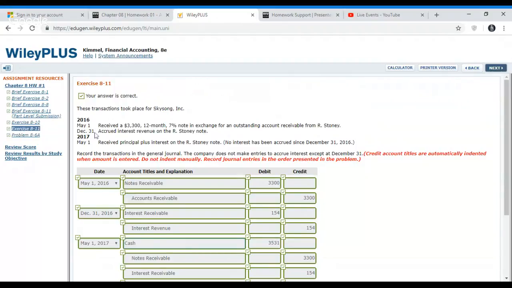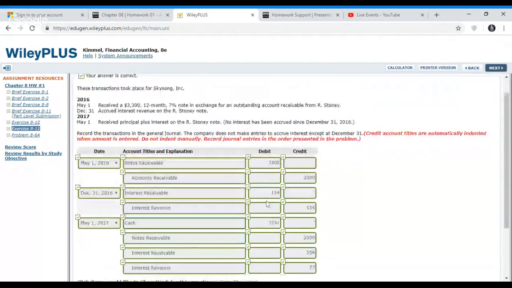Then on December 31st, we have accrued interest revenue on the Stoney note. It was a 12-month note. We began May 1st. It's now December 31st, so you can count that up, and that is 8 months' time.